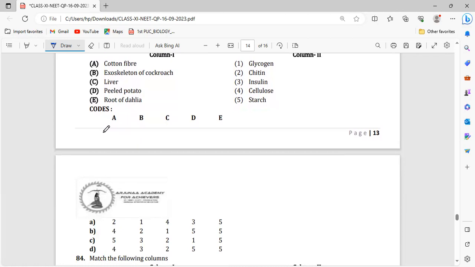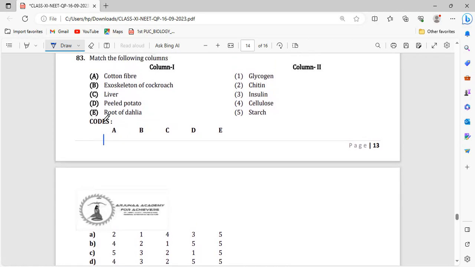83. Here again in column 1, some structures are given. In column B, their components. So cotton fiber is made up of cellulose.